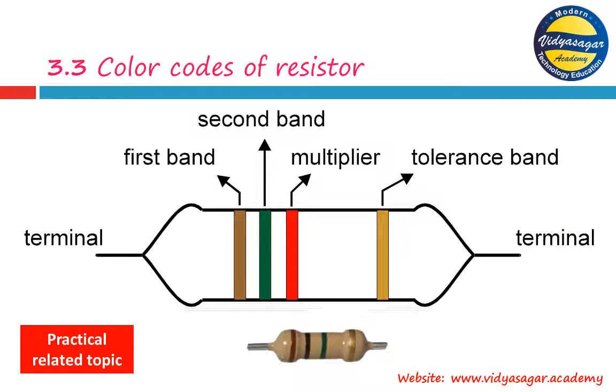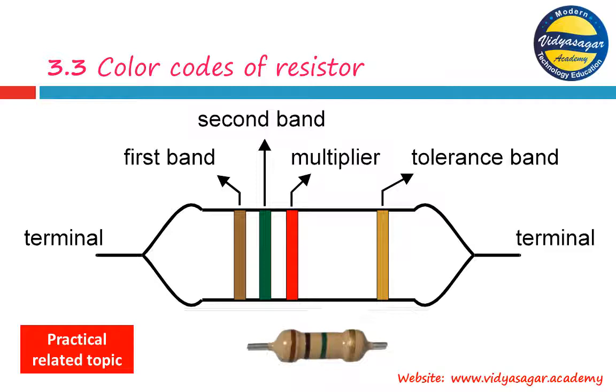We shall understand the color codes of a resistor. This topic will be important to you in practical applications also, because in 11th standard you have to perform practical experiments on this topic. So here is the symbol of a resistor. There are 4 color rings printed on the body of a resistor. One image is also given at the bottom of the screen. On the left hand side there are 3 color rings equally spaced together.